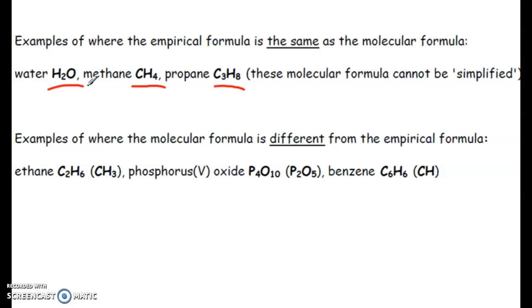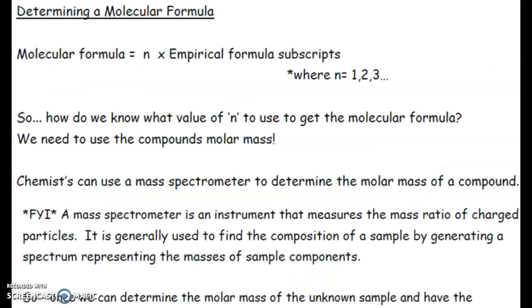However, there are some that are different. Of course, we just looked at benzene. Here's another example, ethane: C2H6 can be simplified into a different empirical formula. Phosphorus(V) oxide is P4O10, and that can be reduced down. And of course, there's the one we've already looked at with benzene.